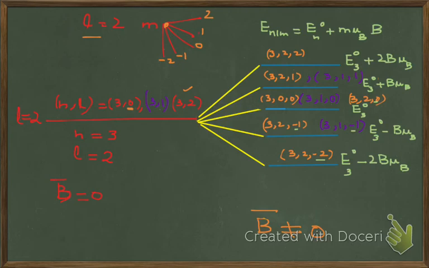This is the whole picture of splitting of the second excited level in the presence of a magnetic field, and this is called the Zeeman effect.